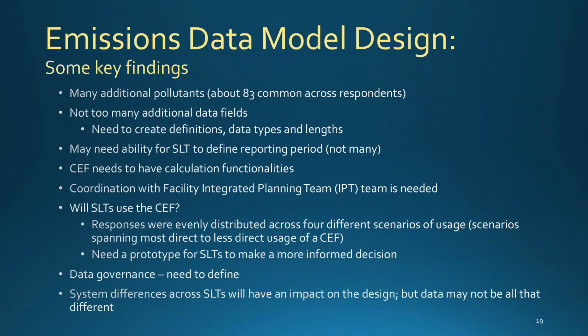So some of the key findings, one that I was surprised with was that there were many additional pollutants that weren't on that starting list. So it's about 83 common pollutants across all the responses we got from the survey, which is great, because those are 83 that maybe we would have missed or not known about.